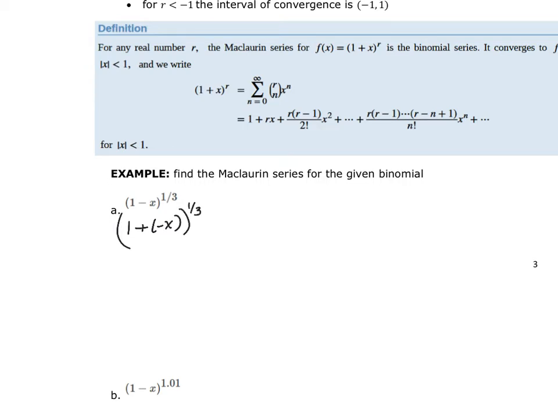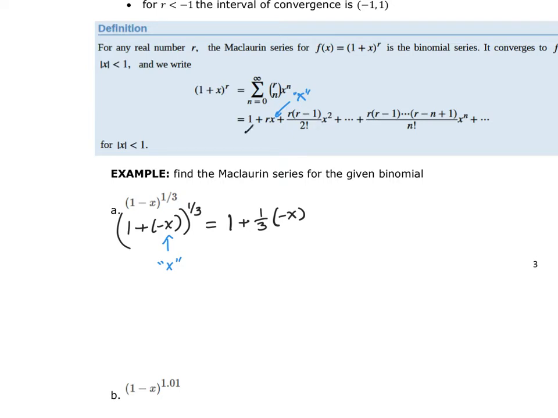Now, using this theorem, this is going to be 1, that's my first term, and then plus r, which is 1/3, times x, which happens to be a negative x. When I say x, in this case my x is negative x. So that's going to be 1 plus 1/3 times negative x.